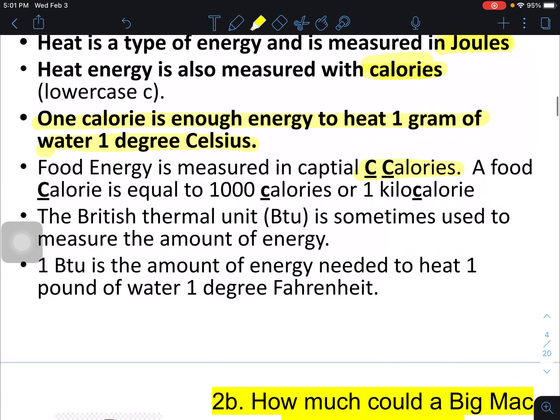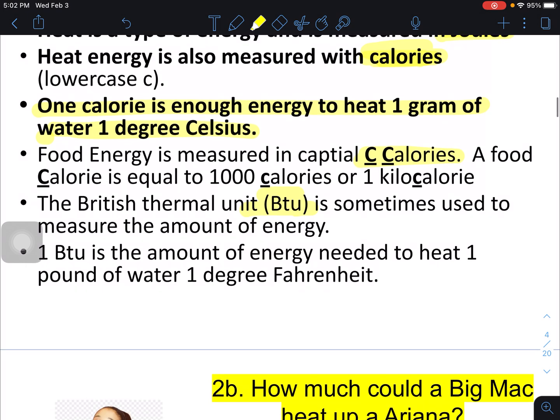The British thermal unit, or BTUs is typically what they're called, is another way to measure energy in the English system, and it is equal to the amount of energy needed to heat 1 pound of water 1 degree Fahrenheit. So we've got the same thing being measured except different units. For the BTU, we're saying 1 pound of water, 1 degree Fahrenheit.